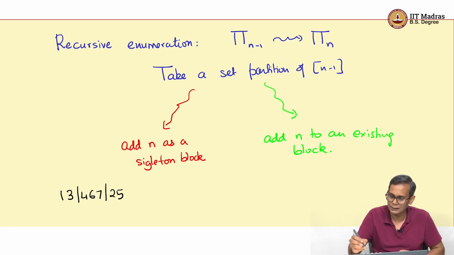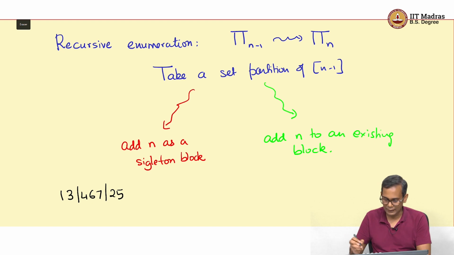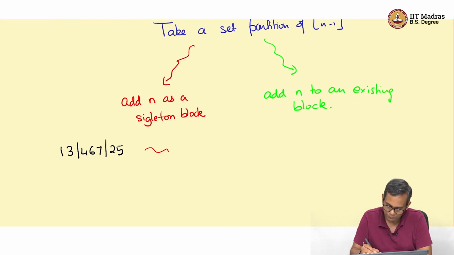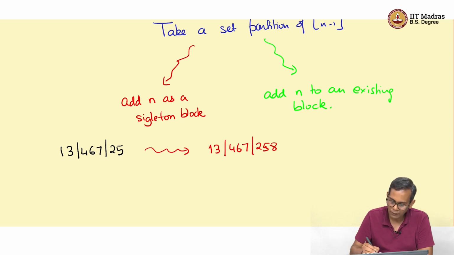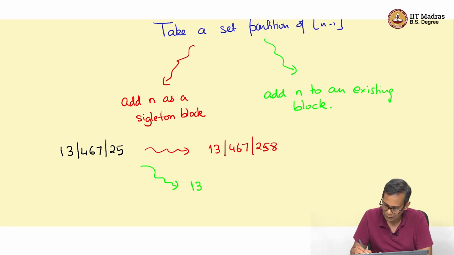Either I add 8 as a singleton block, and what will I get? I will get 1 3 4 6 7 2 5 8, or I have the other option of adding 8 to one of the existing blocks. So, 1 3 8 4 6 7 2 5.